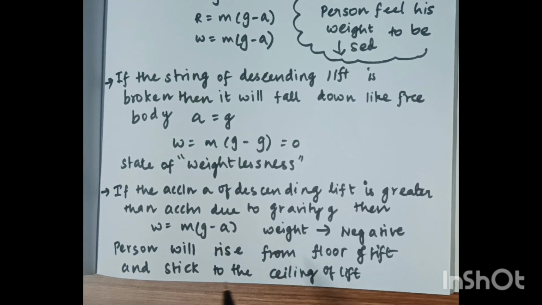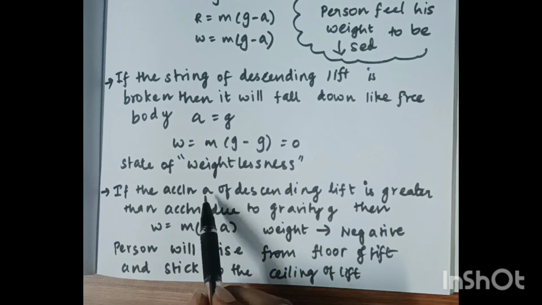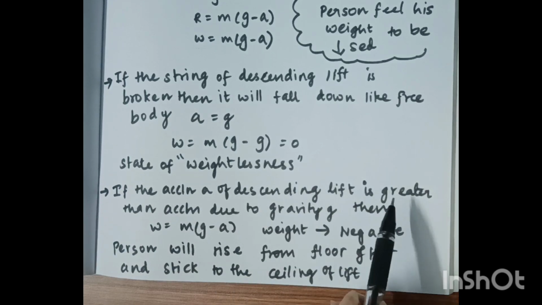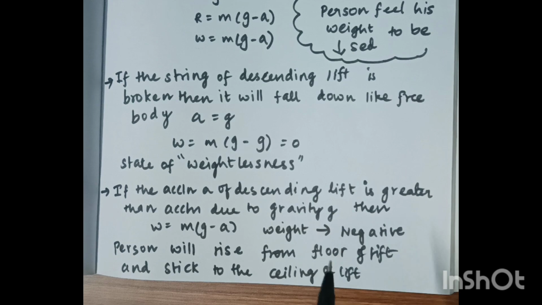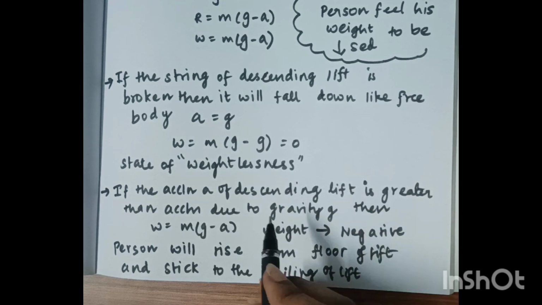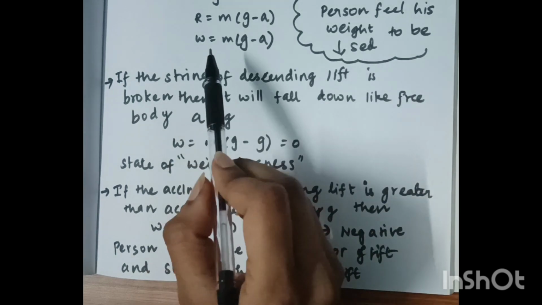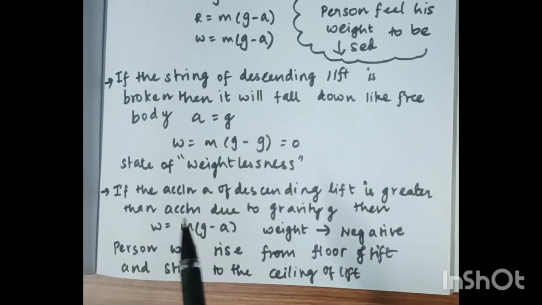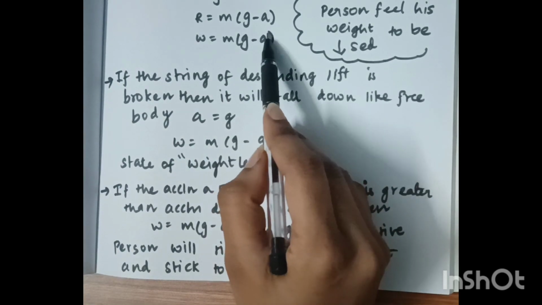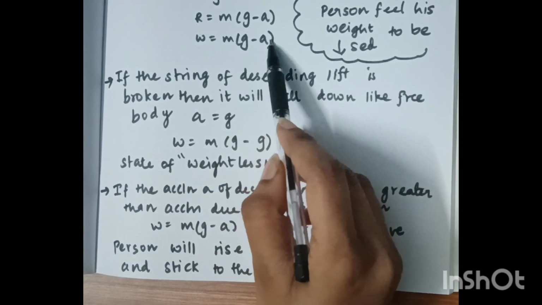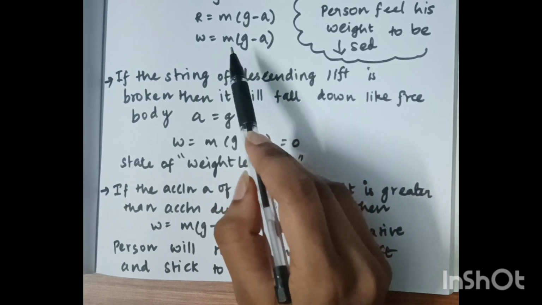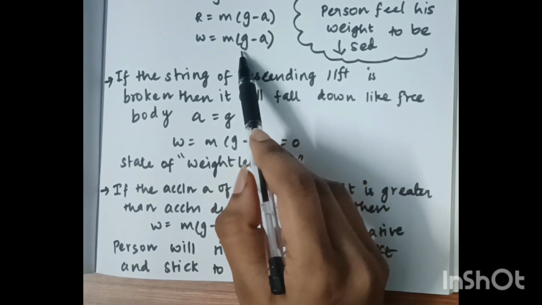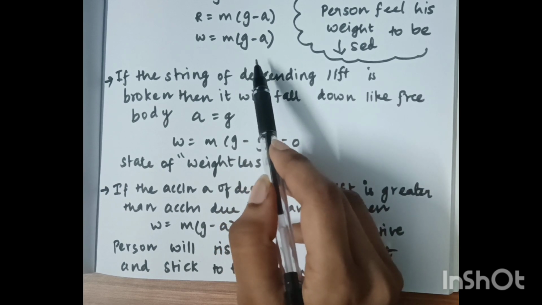Let us see another special case. If the acceleration of descending lift is greater than acceleration due to gravity, we have seen that W is equals to m into g minus a. Here, this is a special case, if acceleration is greater than this g, so generally the value of g is 9.8 meter per second square.